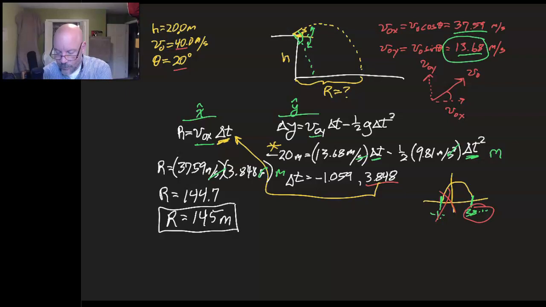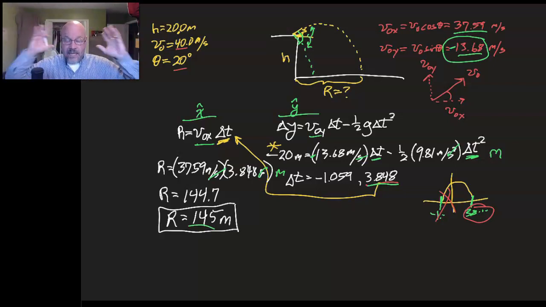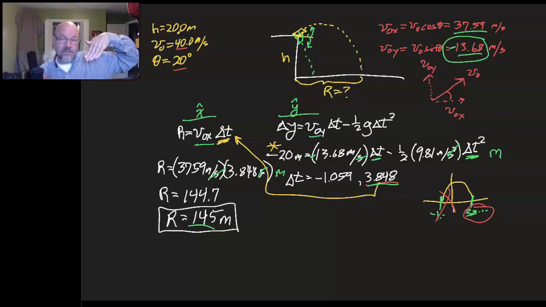And specifically, that is going to become negative 13.68. And so I would end up substituting in here negative 13.68. And that's going to end up changing my time, and that's going to end up changing my range. But algebraically, the physics of it and the algebra of it is identical. We would just put in a negative initial velocity instead of a positive initial vertical velocity. There we go.